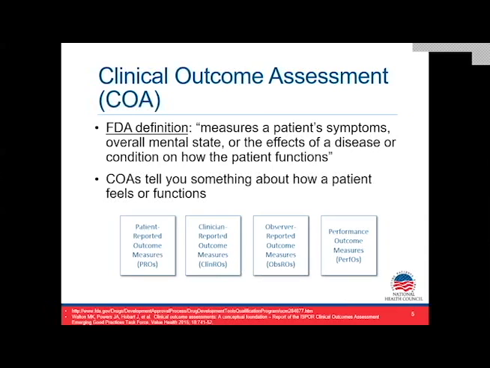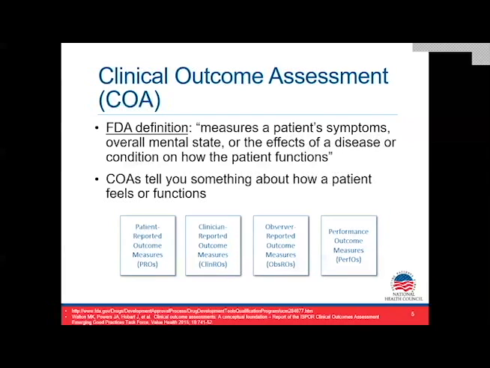So just briefly to review what a clinical outcome assessment is. The formal FDA definition is that it's something that measures a patient's symptoms, overall mental state, or the effects of a disease or condition on how the patient functions. So essentially, a COA tells you something about how a patient feels or functions.